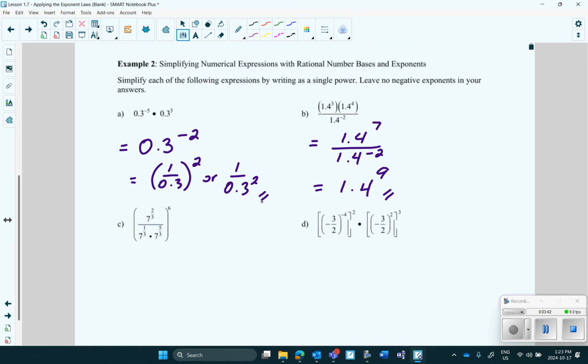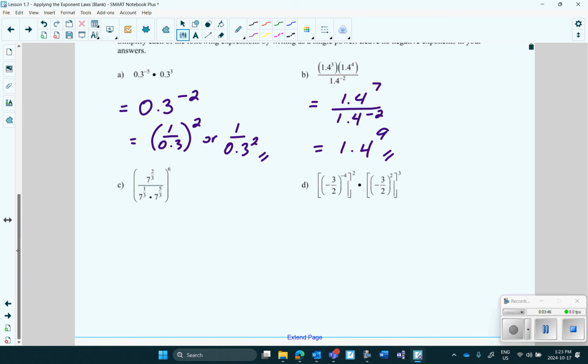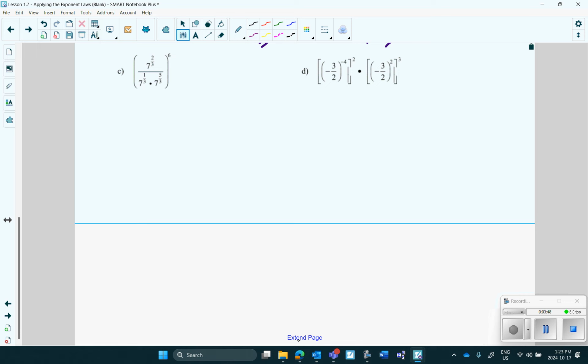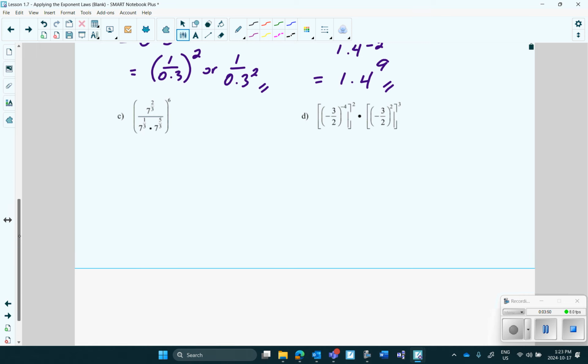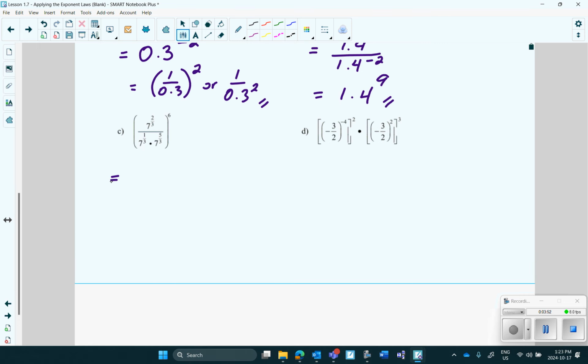This is a little different, this next one, because it's got fraction exponents in, which we haven't, I mean, we've worked with fraction exponents, but not like this. What am I going to do first? I got lots of stuff going on here. What am I going to do first?